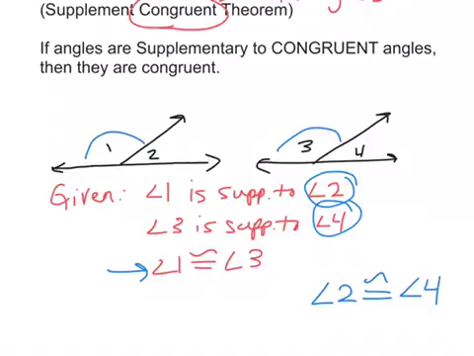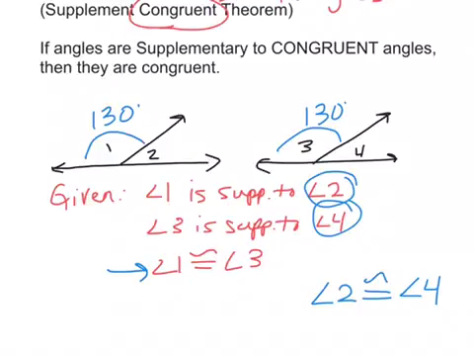And then let me throw some numbers in there to make that make a little bit more sense. We know that angle 1 is congruent to angle 3. So let's say that's 130 degrees and 130 degrees. So we have our congruent angles from the given.